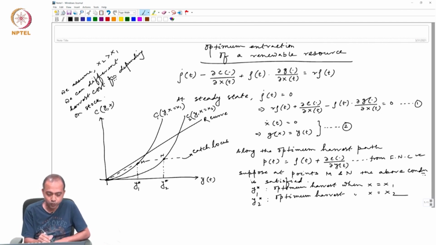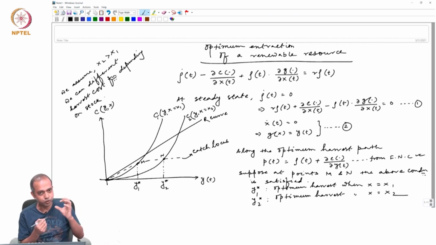Now, Y1 star is the optimum harvest when stock equals X1, and Y2 star is the optimum harvest when stock is X2. So, by joining these different optimum points, we will get a catch locus.